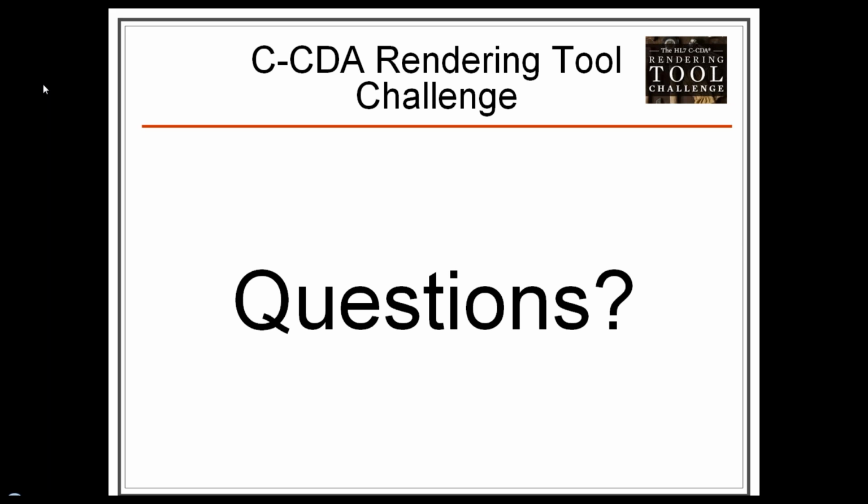If you see a gap there, this would be really good to have in there. At the end of the day, the test data is just so that you can render a C-CDA the correct way, right? Okay, thanks.